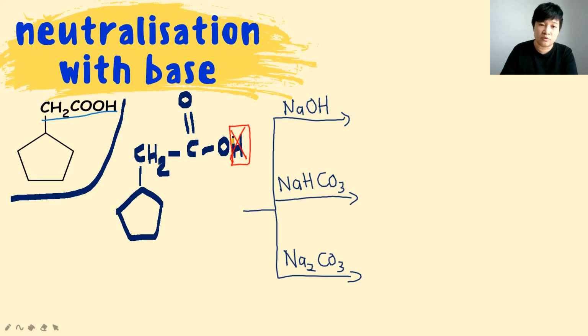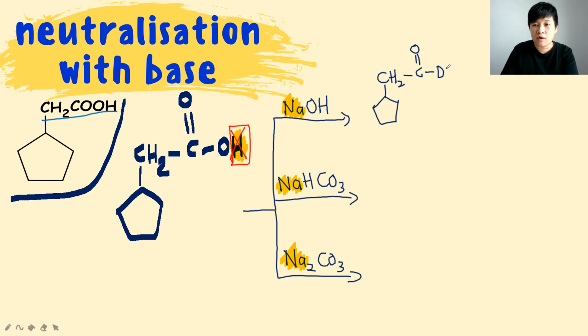And everybody knows that the hydrogen will actually be replaced by the Na in all your bases. So the OH will then become ONa. So all your products shall be the same because all your product is actually simply changing the OH to become ONa. So the C double bond O remains unchanged.